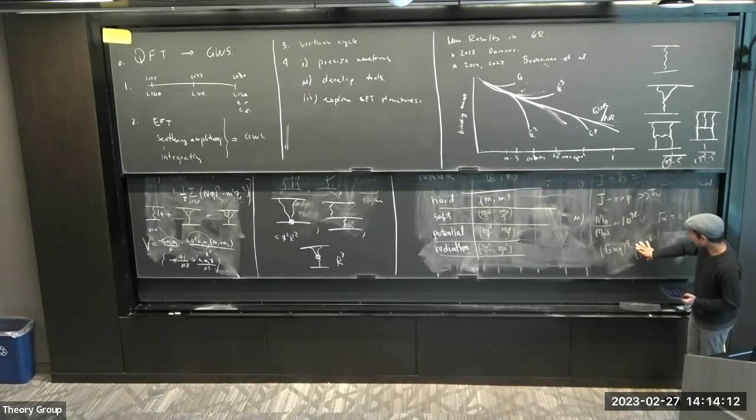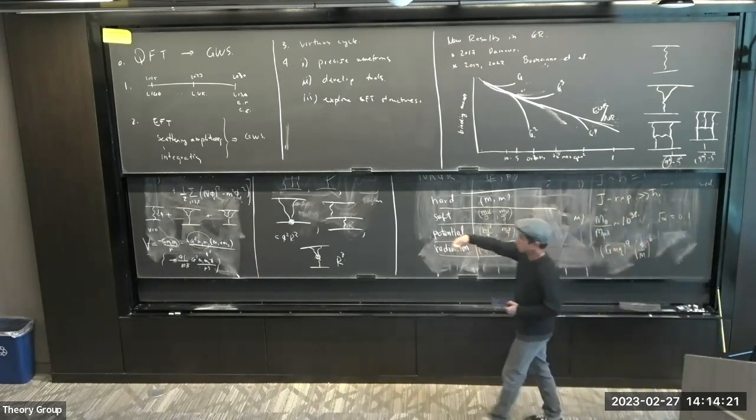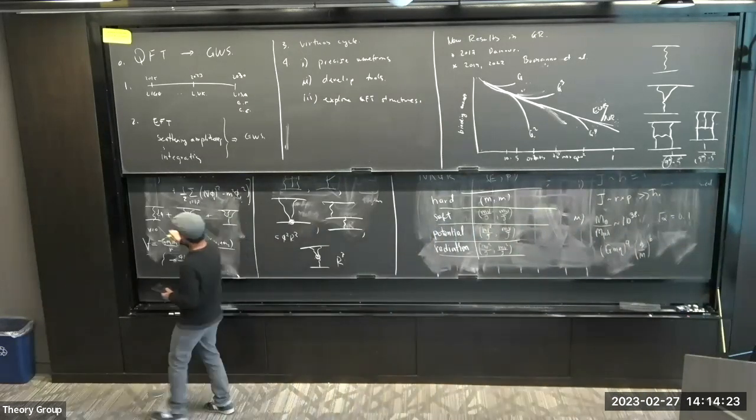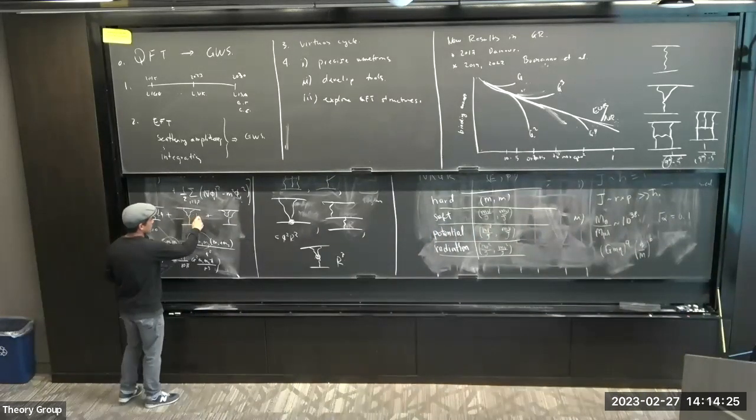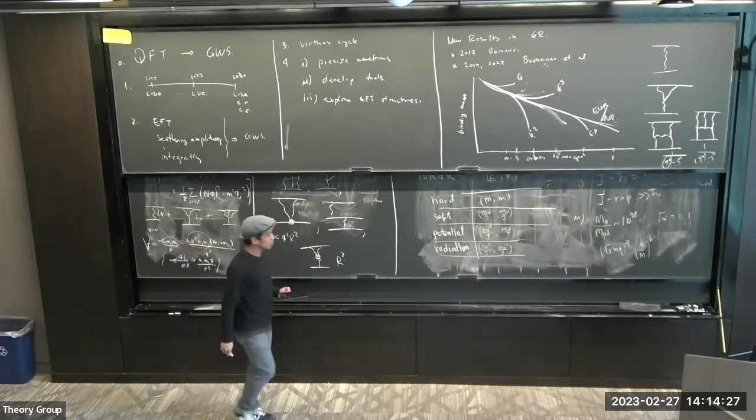The higher orders of Q are just quantum corrections. And really at each order in G, there's a right power of Q. Q is the momentum transfer in this process, square root of T, or minus T.